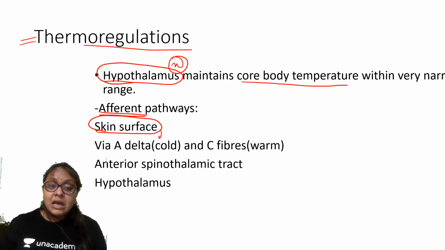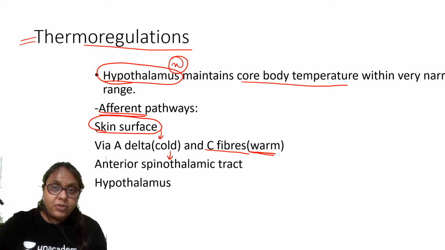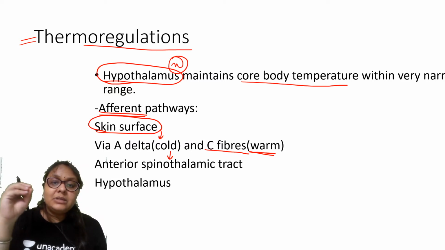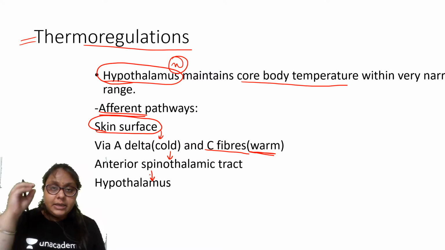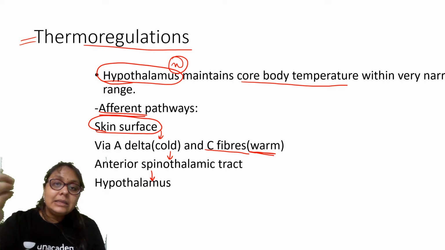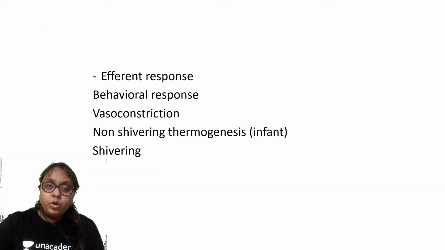From the skin surface, via the A delta fibers, which carry the cold sensation, and the C fibers, which carry the warm sensation, the signals are taken to the anterior spinothalamic tract, and from there to the hypothalamus, which maintains the core body temperature.